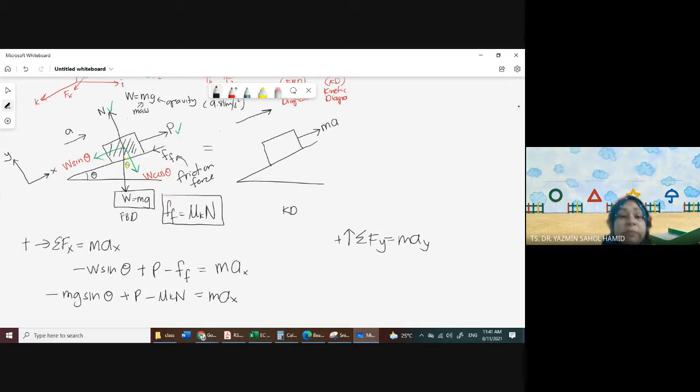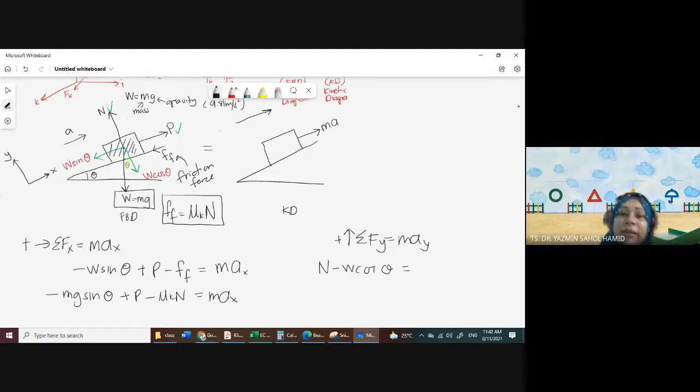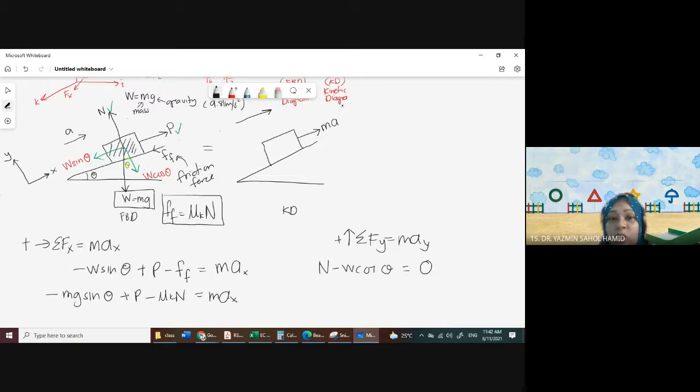Can you tell me what we have? N. Then after N, what? Negative W cos theta. Anything else? Nothing more? Just two. Equal to? May. Is there any ay from this, in this kinetic diagram? There isn't. So it equals to zero. Understand? Because it is only in the direction of max. May is not there, so it equals zero. So this is the equation.